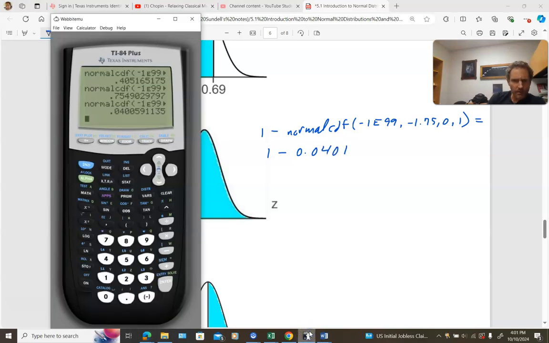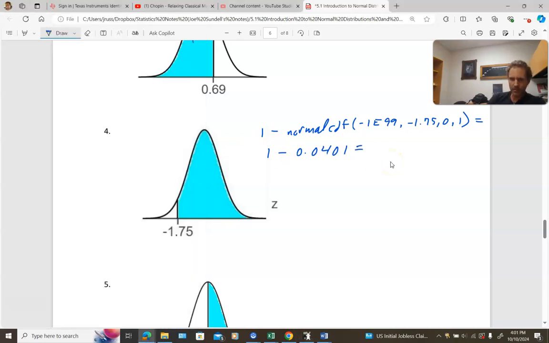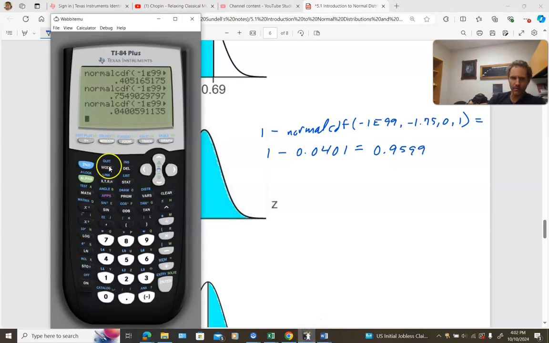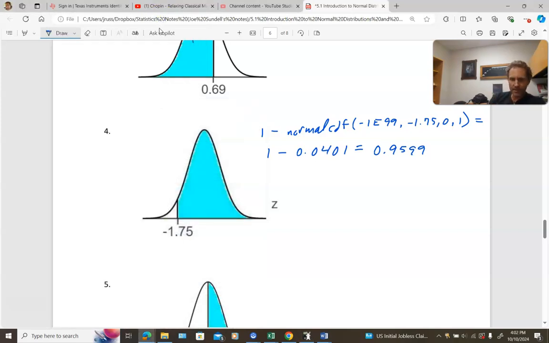Wait, is that right? Yeah, because this 5 would bump this 0 up to a 1. Okay. So if I did this subtraction, I think this is going to give me 0.9599, I believe. But let me just go ahead and check. Yeah, okay. So this is the area to the right.